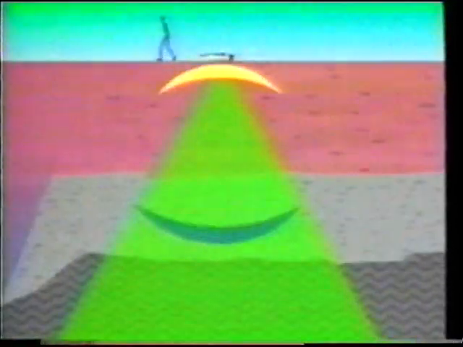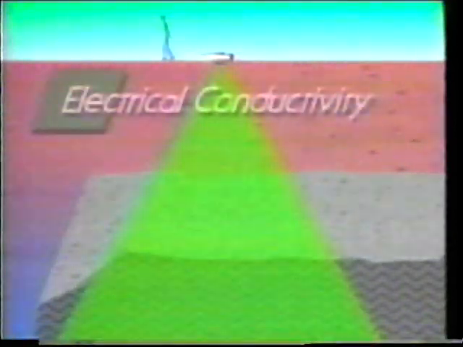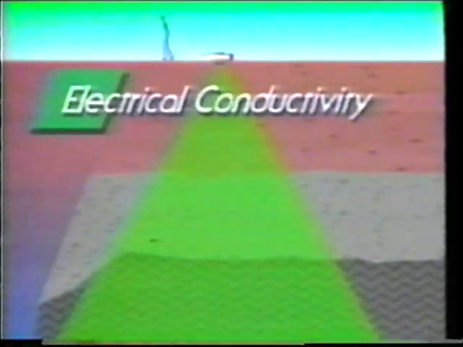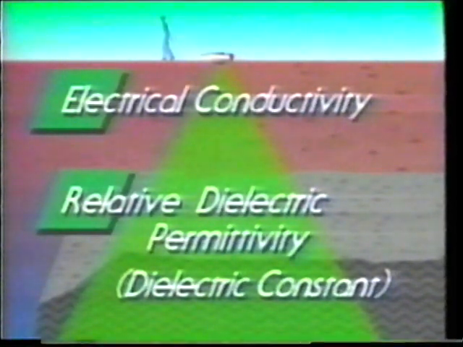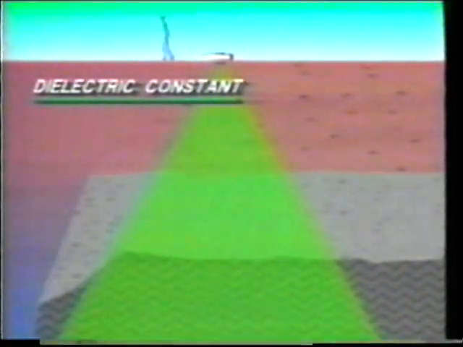How well ground-penetrating radar, or GPR, will solve a particular problem at a certain site mainly depends on two electrical properties of the subsurface materials: electrical conductivity and relative dielectric permittivity, or the dielectric constant. These properties are important to understand in order to acquire good data. Let's first look at the dielectric constant.